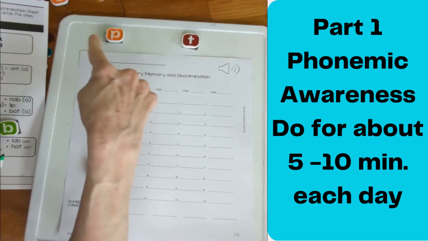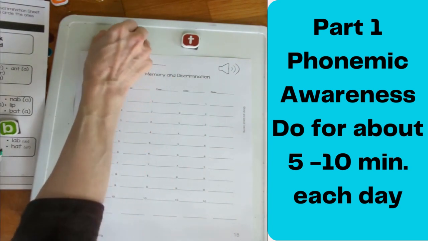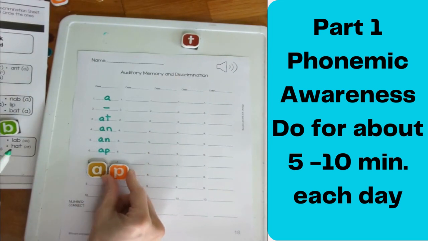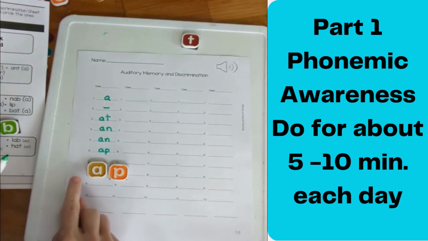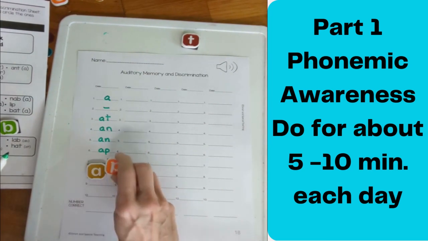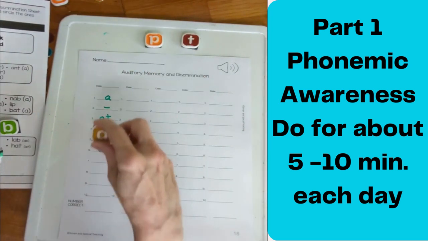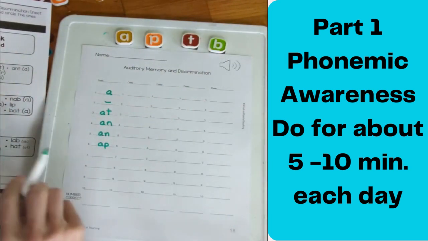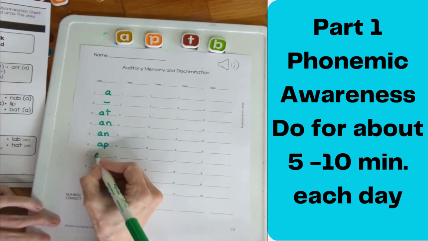Usually, if it's between two like that, then they will pick the right one. Have them say the letter name as they bring it down. P. Up. Say it. Up. So, go ahead and do it with letter tiles, but then I always recommend to work on having them write it as well. So, up.